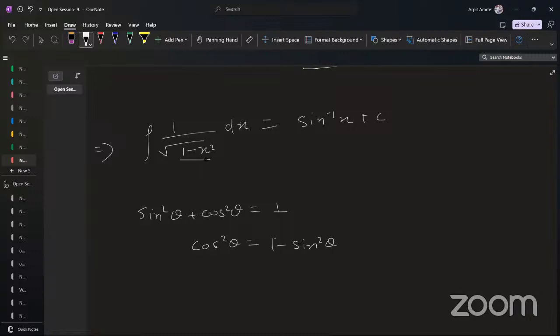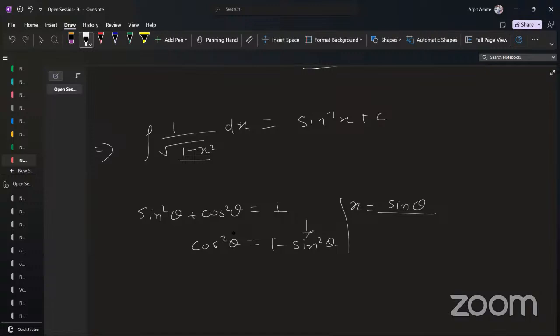This inside thing looks like this. If I substitute x equals sin theta, the inside thing becomes cos square theta, and because of the square, the under root will be cancelled out. So just put x equals sin theta.